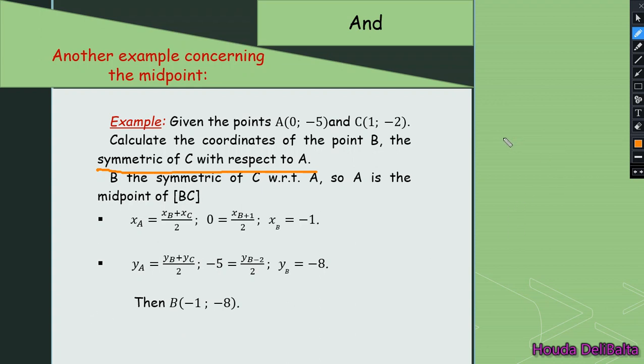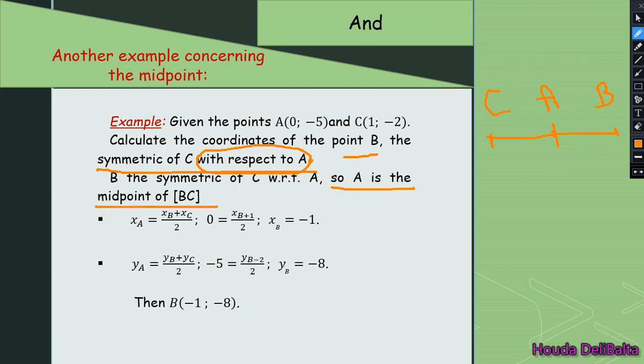Let's recall, B is the symmetric of C with respect to A, then A has to be in the middle as a midpoint. So here is point A, and as if I have C here and B here. So B is symmetric of C with respect to A, then A is the midpoint of BC, as you see here.